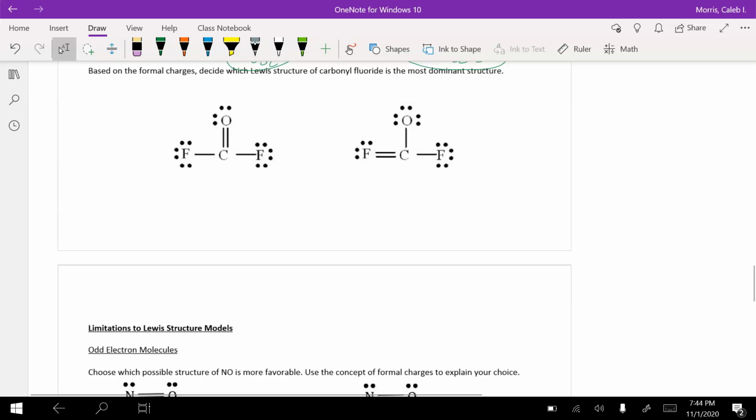Let's do another one. Based on the formal charges, decide which Lewis structure of carbonyl fluoride is the most dominant structure. So we want to find the most dominant structure based on the concept of formal charges. All right, let's circle our atoms. Put dots. We'll do the same thing with this one.